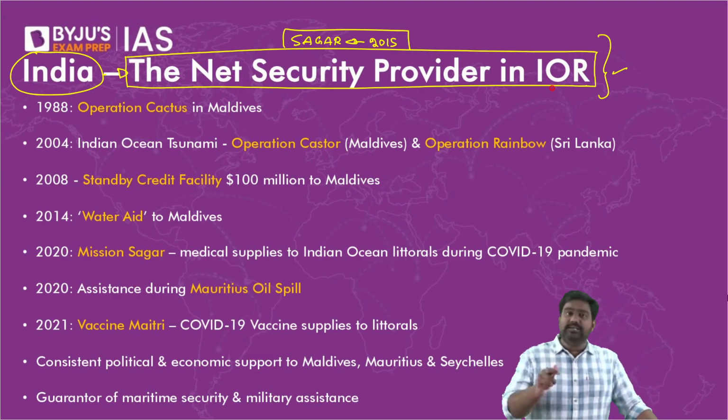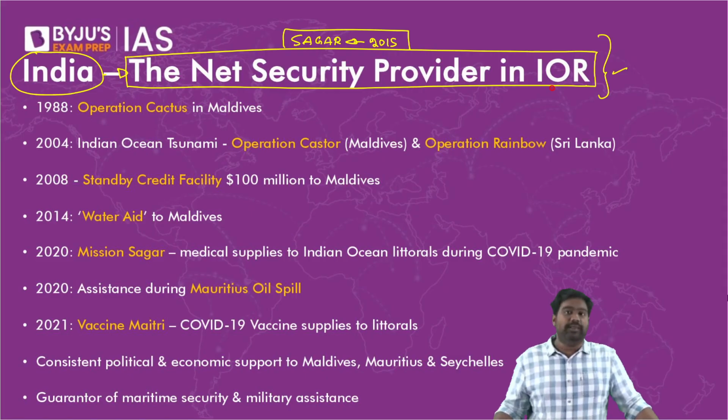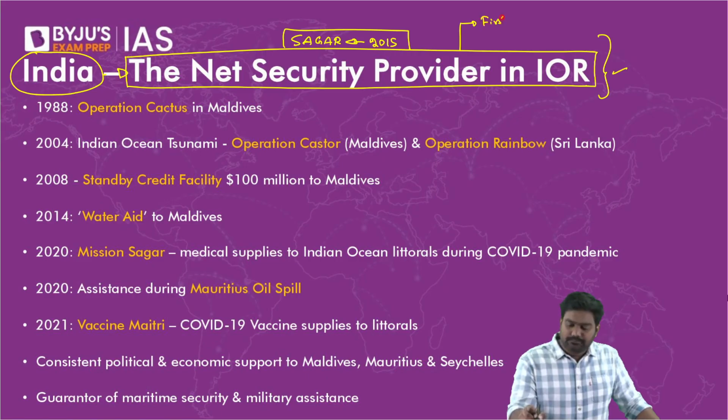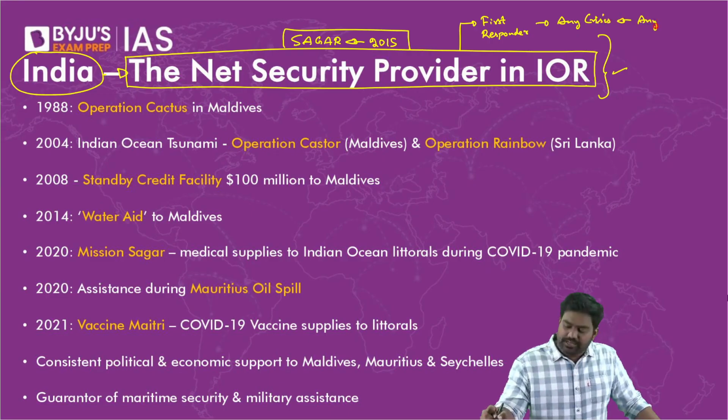I explained the concept of net security provider as well. Net security provider basically means that we will be the first responder for any crisis faced by any country in the Indian Ocean.